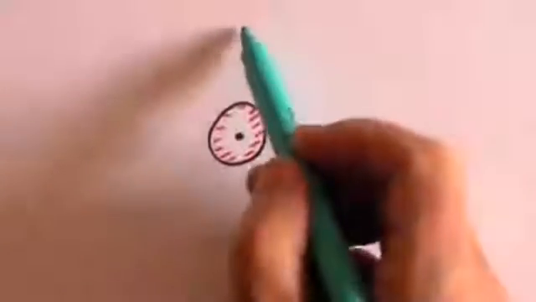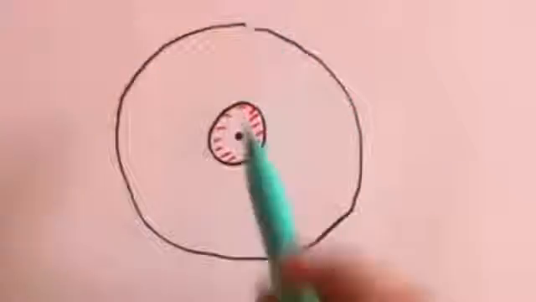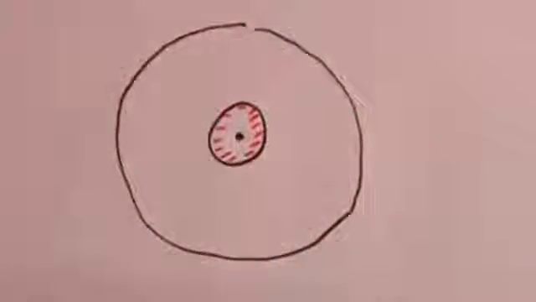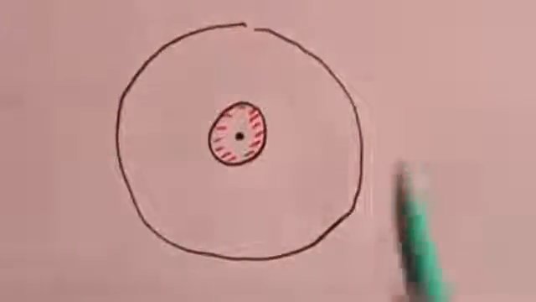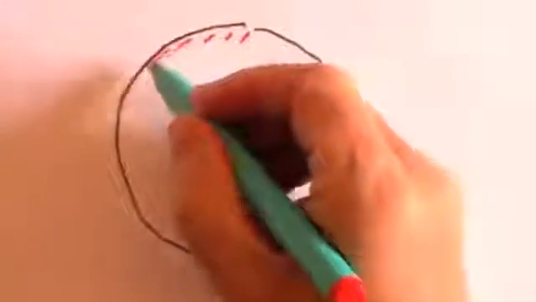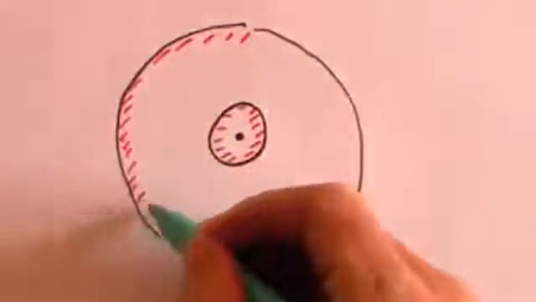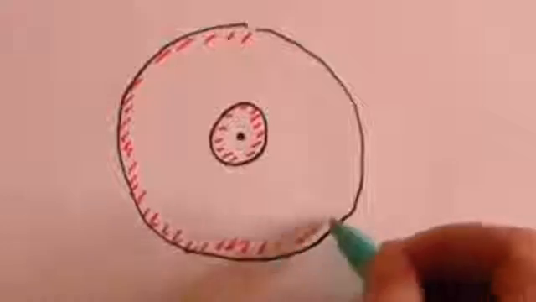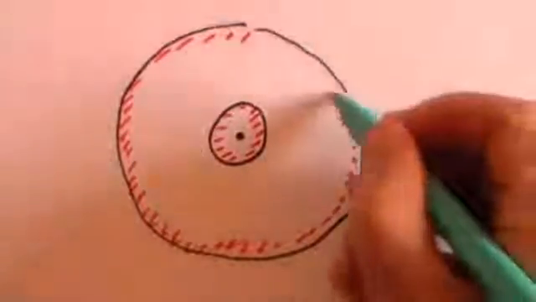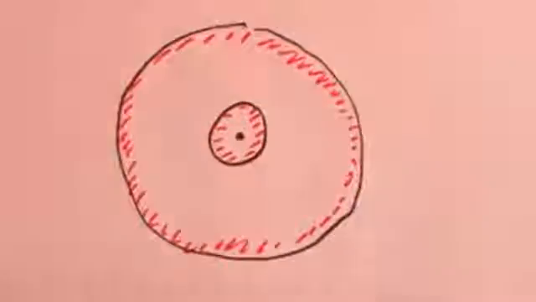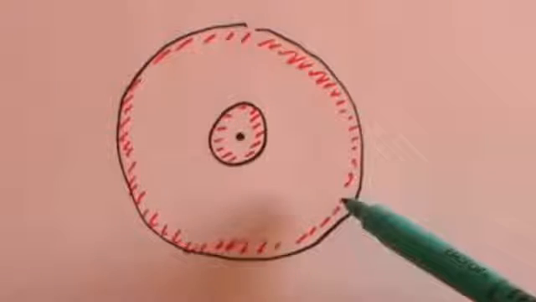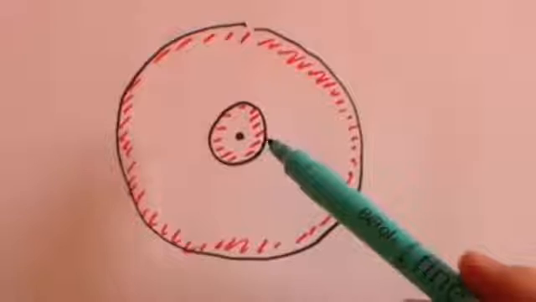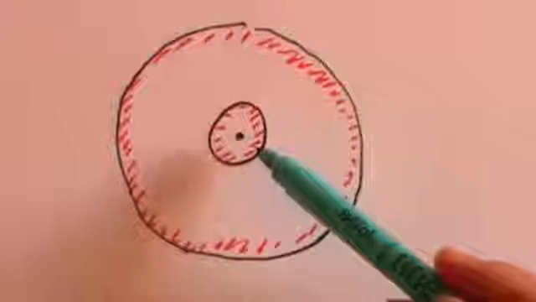If on the other hand you're content to scatter only through a small angle, you've got a much larger target to aim for. To scatter through a small angle, you have to be much further away from the nucleus, so you've got to be somewhere in the shaded region here. Now I think you'll see that the area of the shaded region in the outer circle is much larger than the area of the shaded region in the inner circle.